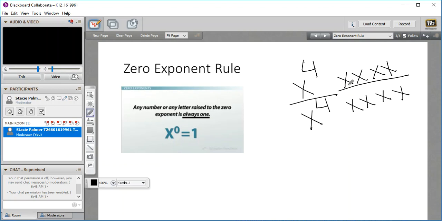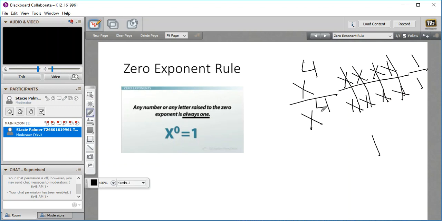Remember, anytime anything is divided by itself, that is always a 1. So this would be a 1, this would be a 1, this would be a 1, and this would be a 1. On the top, we're left with 1 times 1 times 1 times 1, which is a 1. On the bottom, we're left with 1 times 1 times 1 times 1, which again is a 1. And 1 divided by 1 is 1.